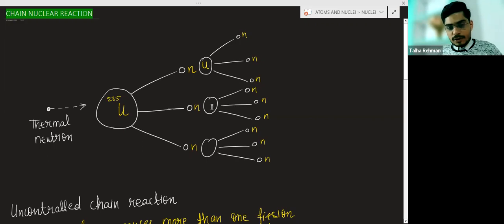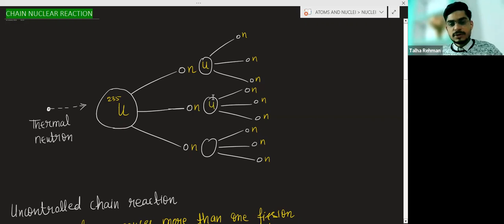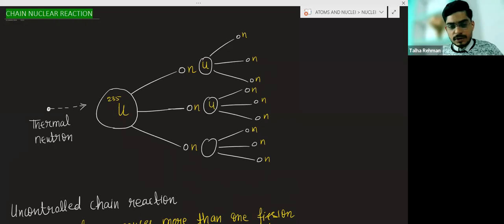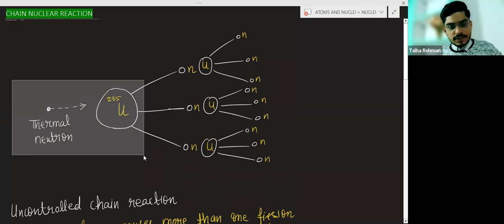Here also fission will take place of this uranium due to this neutron, and 3 neutrons again will release. Here also 3 neutrons will release, and this process will continue. Here how many fissions are taking place?